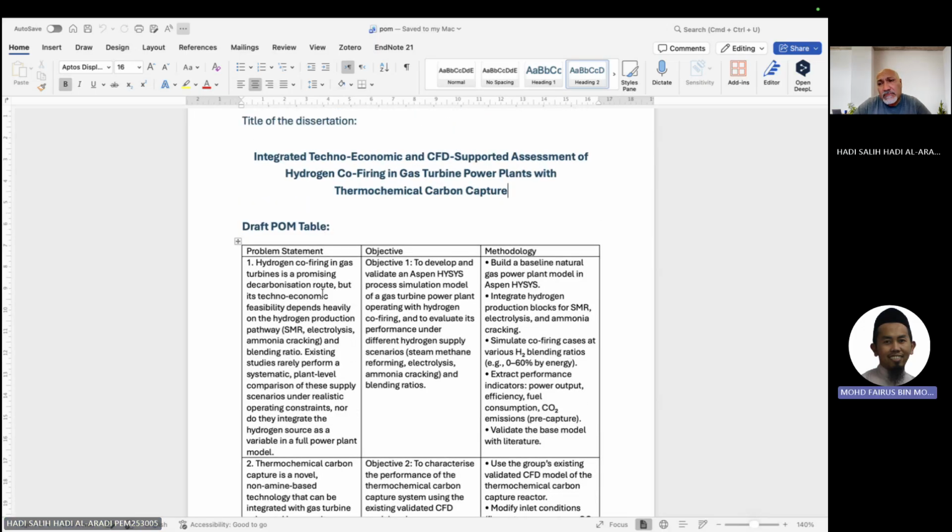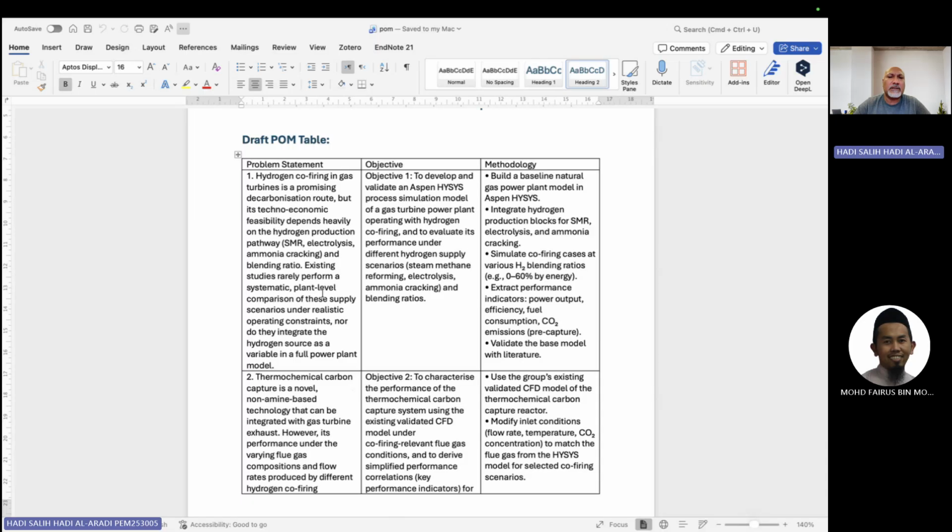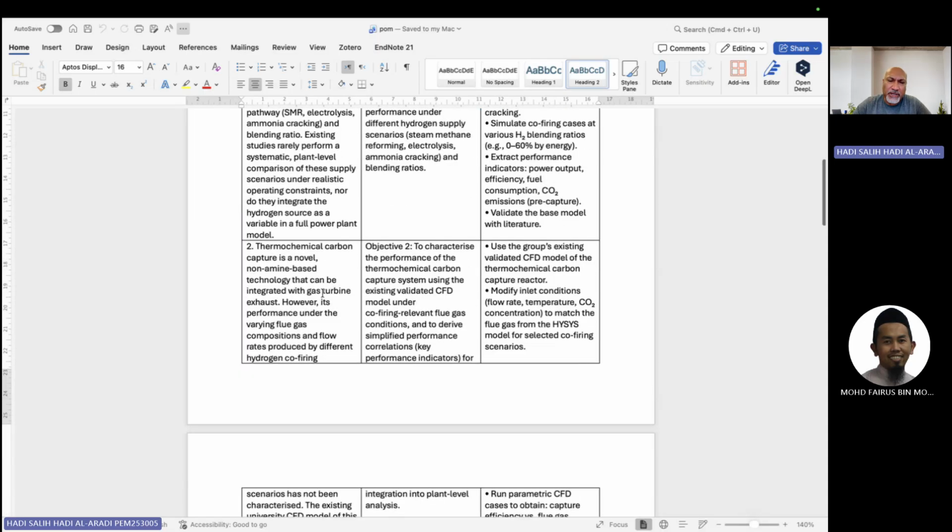So what were the keywords that you used? I wrote about gas turbine, mathematical modeling, computational modeling, fuel, energy, hydrogen blending, combined cycle, ammonia cracking.